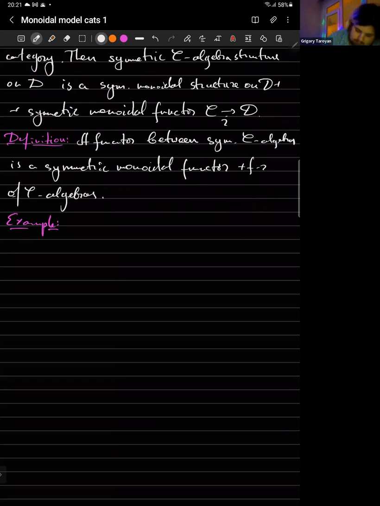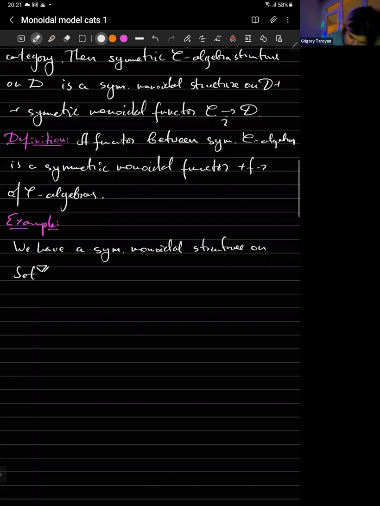Obviously we have a symmetric monoidal structure on simplicial sets. And this symmetric monoidal structure is a set algebra. So it's a set algebra.